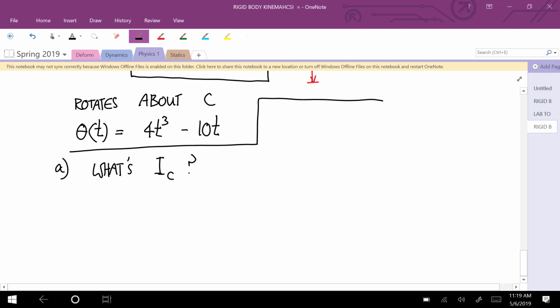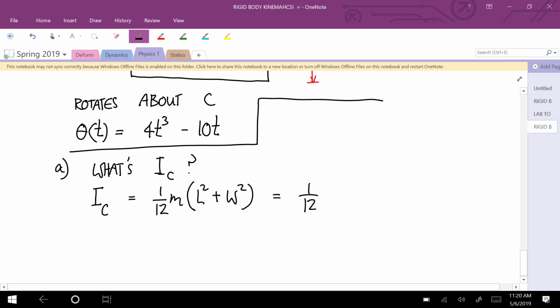So all we're going to use is the formula that says the mass moment of inertia of a rectangular shape is equal to 1/12 times the mass times the length squared plus the width squared.